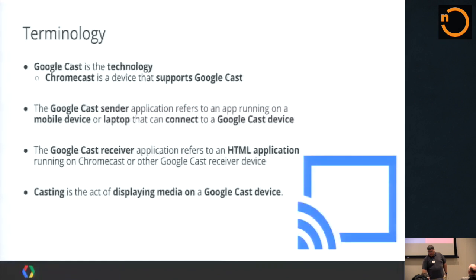So what is Google Cast, right? So we talked about Chromecast being this piece of hardware, right? But that's more just a piece of hardware that implements Google Cast. So Google Cast is the technology. So when you write software, either for Android or iOS or for the web that are for Chromecast, it's all Google Cast. And then it can be played on one of the devices, which is the Chromecast.